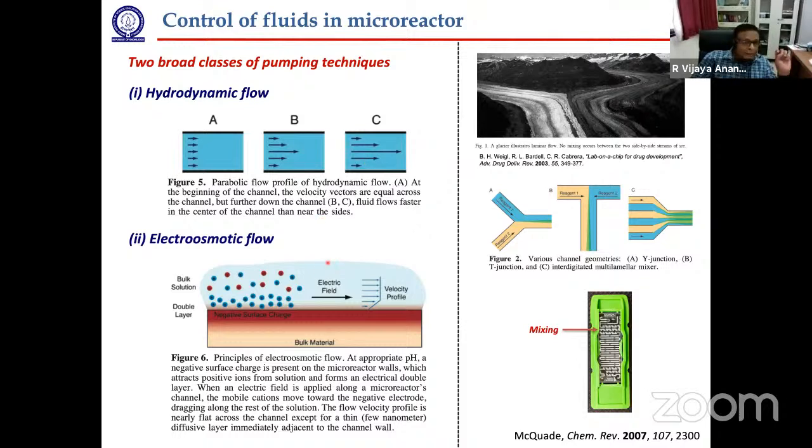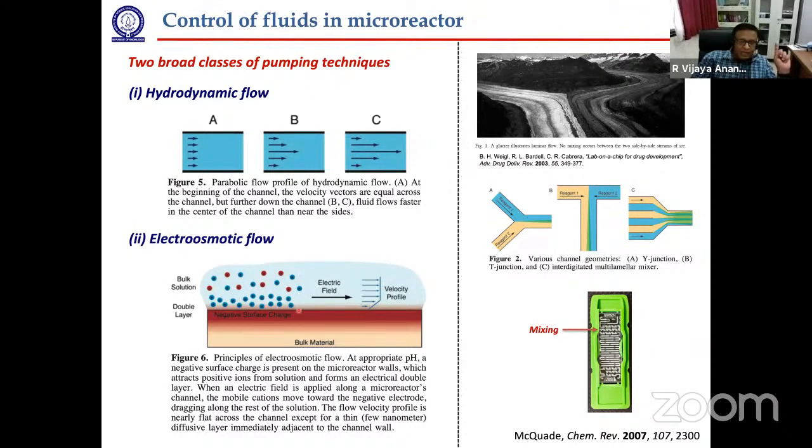This is the basic technique used in microreaction technology in the lab at least. And the other one is electro-osmotic flow. At a particular pH, the microreactor walls will be negatively charged. That will obviously attract positive ions from the solution and form an electrical double layer.